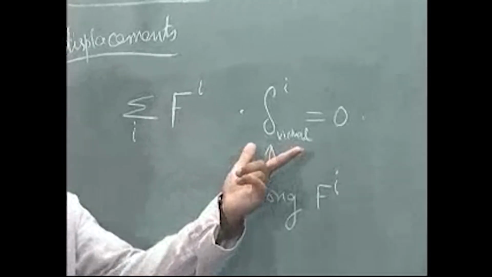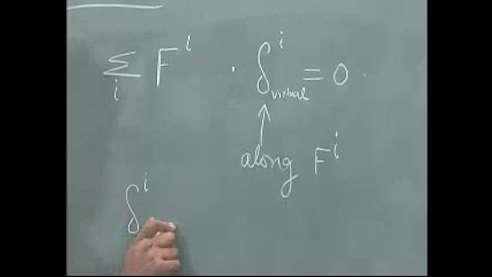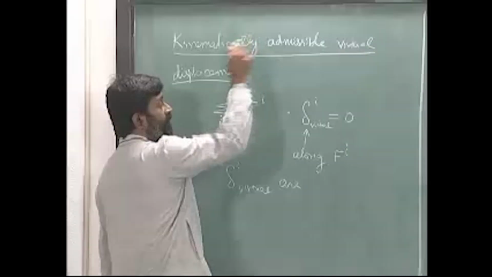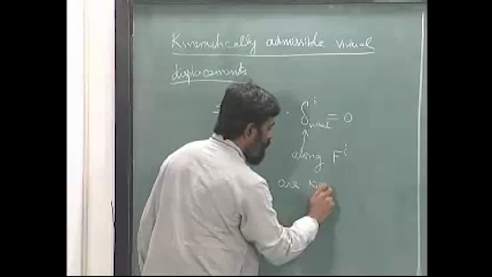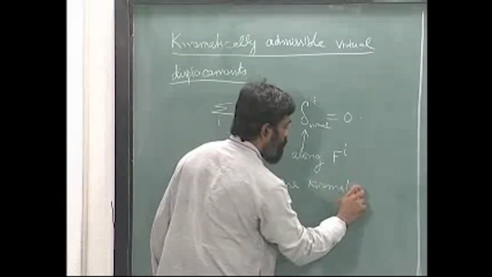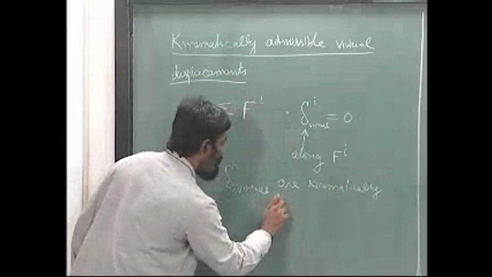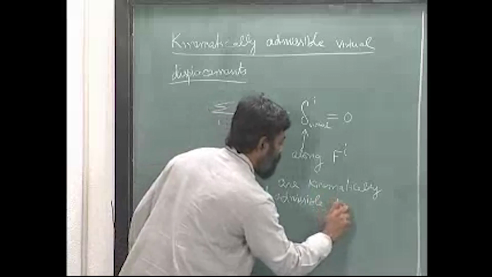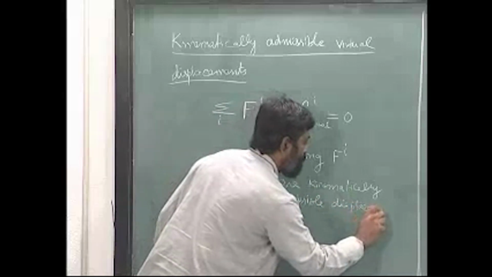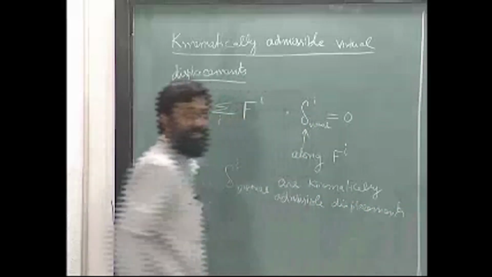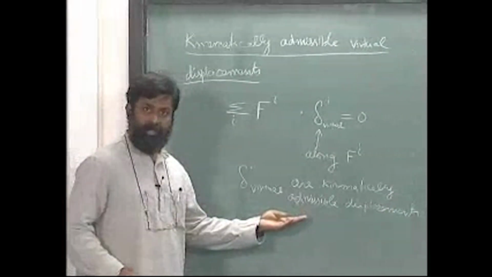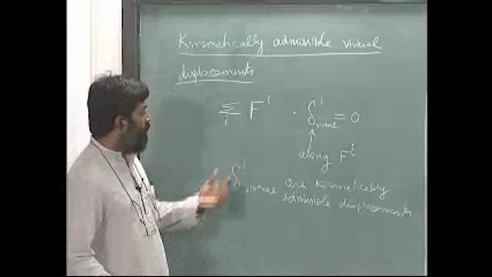Another thing to remember is that this delta I virtual, or as I have indicated here, has to be kinematically admissible displacements. In a minute I will tell you why.